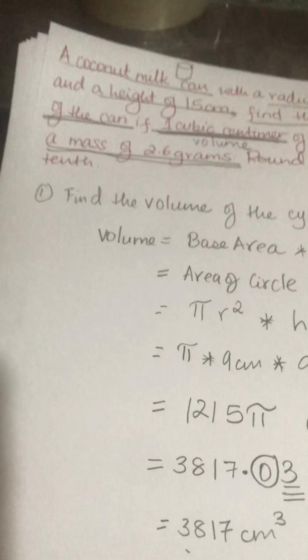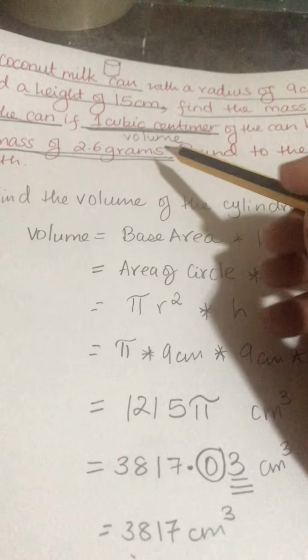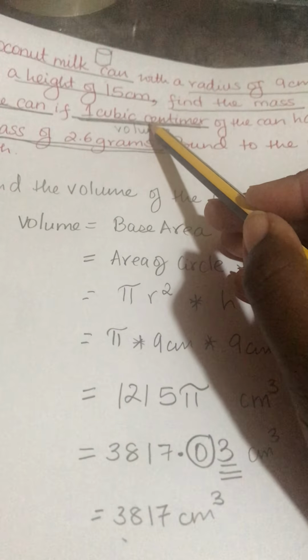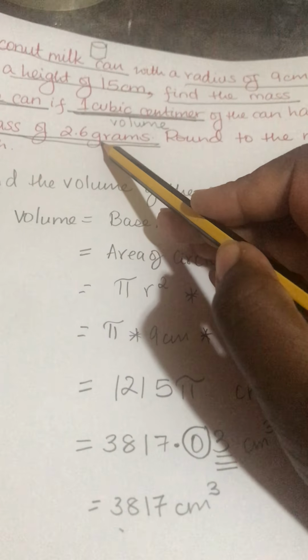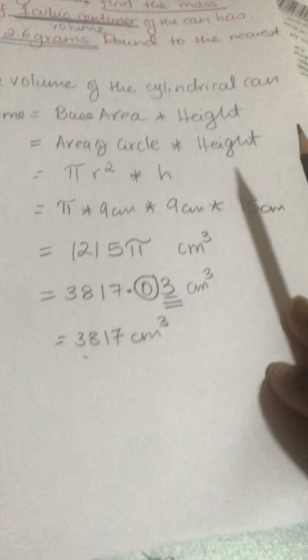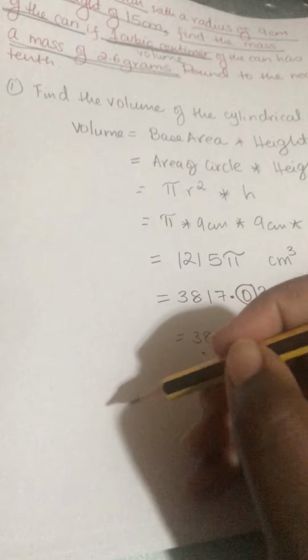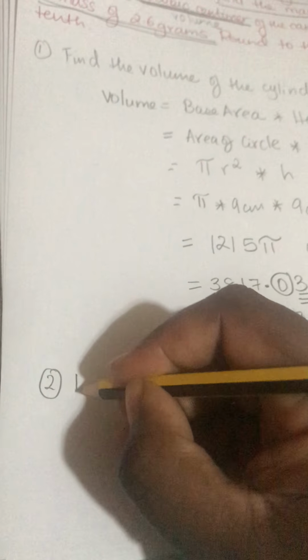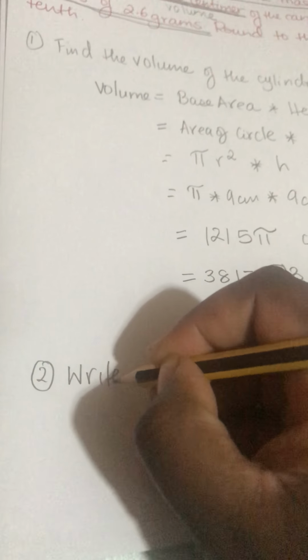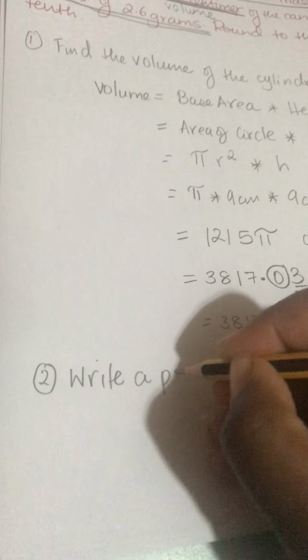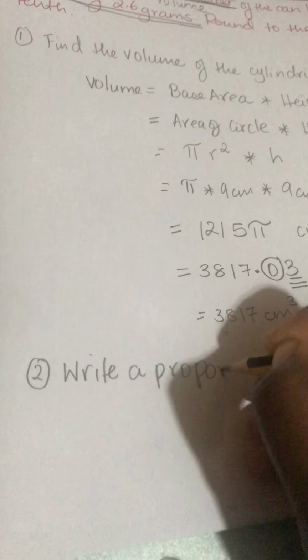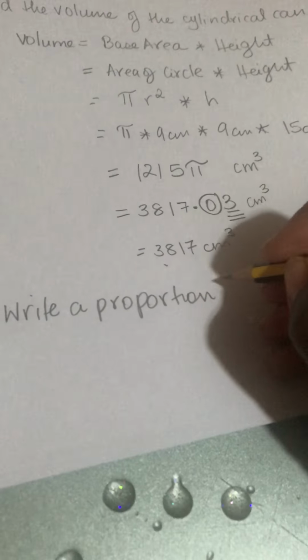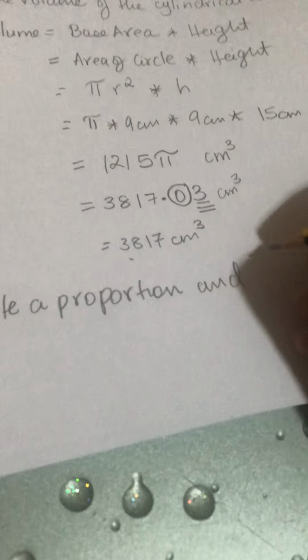Then step 2, I know that 1 cubic centimeter represents 2.6 grams. I am going to write my proportion the way we learned in term 1. So step 2, write a proportion and use butterfly method.